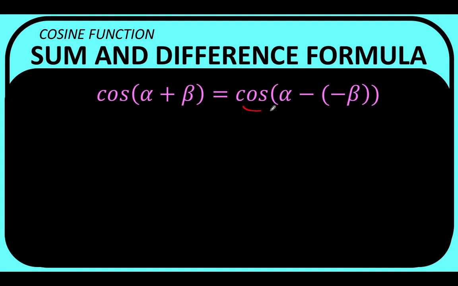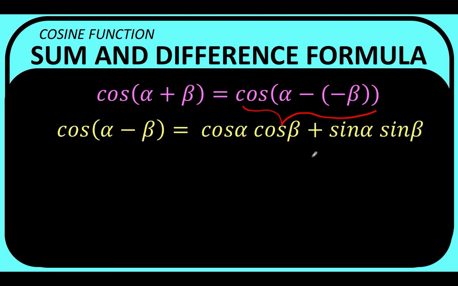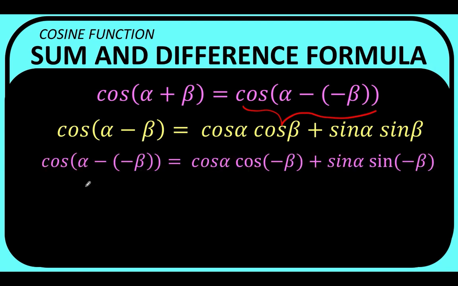But when we rewrite cosine (alpha plus beta) in difference form, we'll be able to apply the results that we already derived previously. So using these results for the difference identity of the cosine function, we find the equivalent identity for cosine of alpha minus negative beta. Just substituting negative beta for beta, we arrive at this right part of this equation. And since cosine is an even function, the cosine of negative beta is the same as the cosine of positive beta.